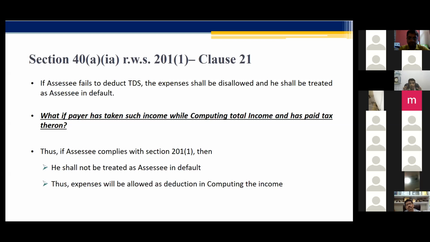And once you are not treated as an assessee in default, you are not required to disallow under section 40A(1). So as an auditor, if there is failure of deduction of TDS or delay in payment of TDS due to which some disallowance is happening in 40A, if your client provides you with details proving it or a certificate that the recipient of income has disclosed this in his computation of total income and has paid tax, then you are not required to disclose those figures under 40A(1).